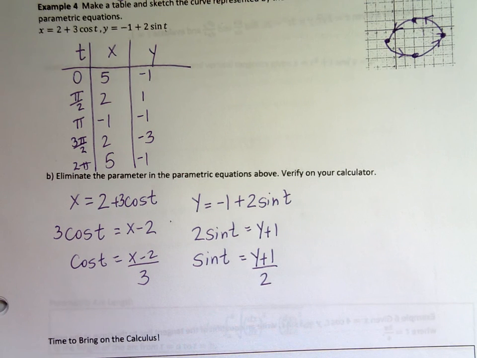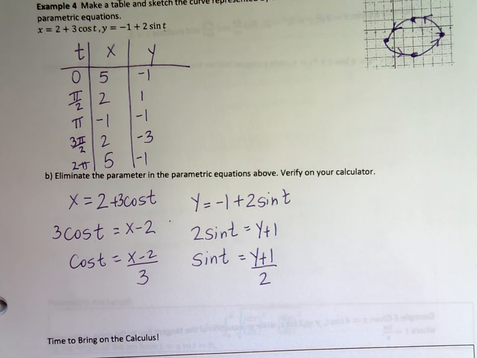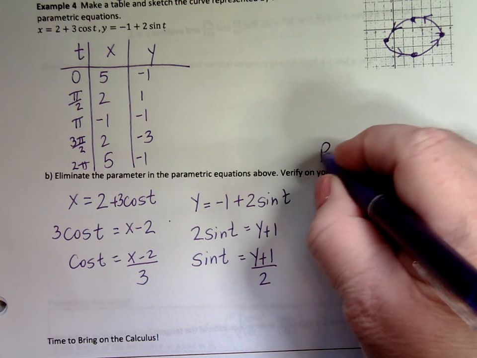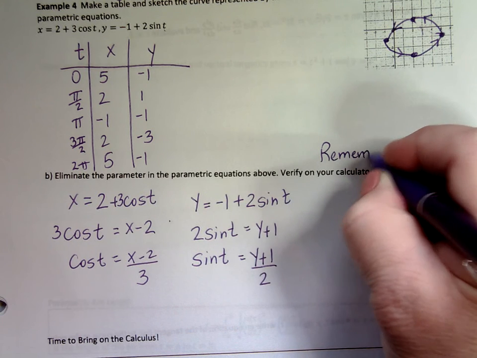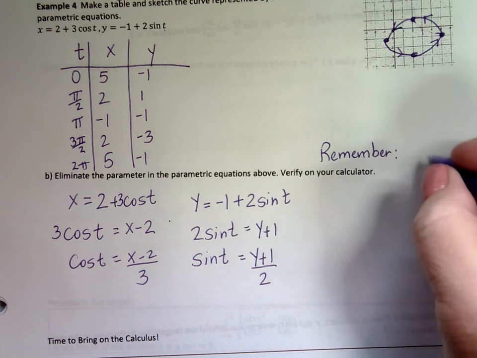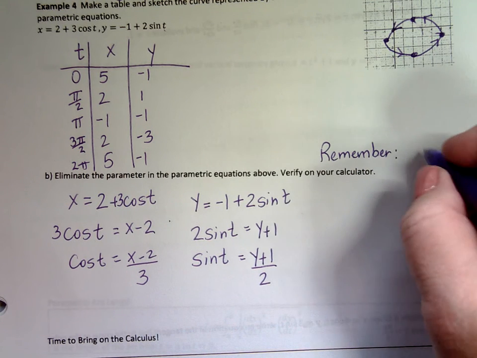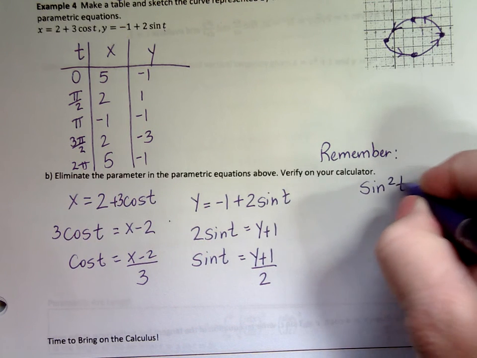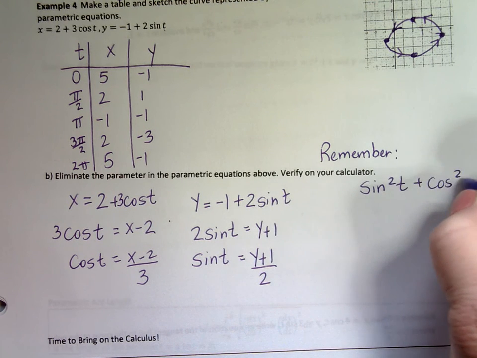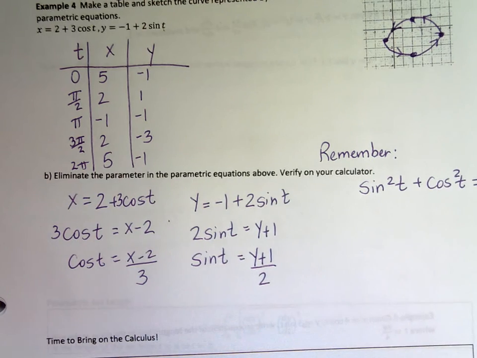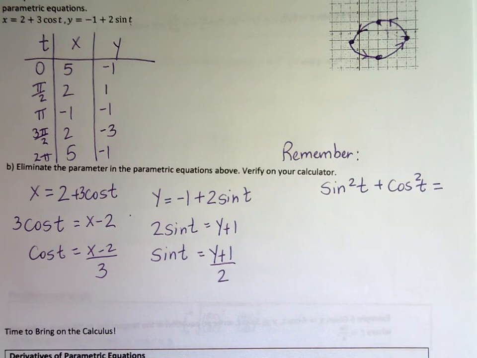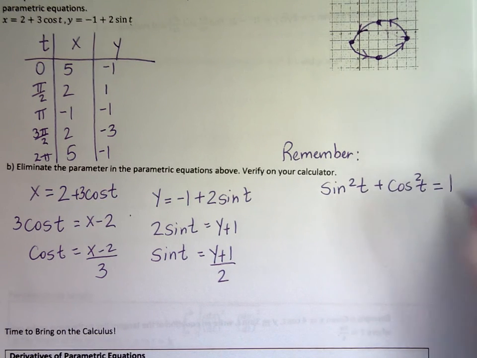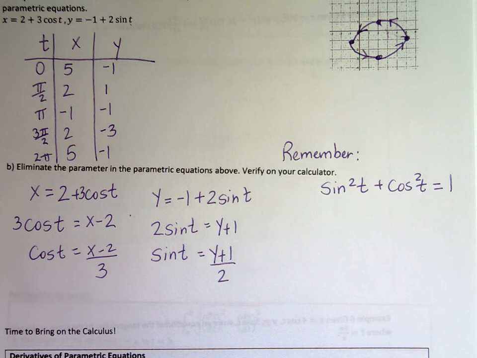All right, put your trig pants on. Pull out that toolbox of trig things that you know, and see if you remember something about sines and cosines, like this. Sine squared t plus the cosine squared t equals, do you remember this guy? This Pythagorean relationship equals 1. So you got to go back and see if you can remember.